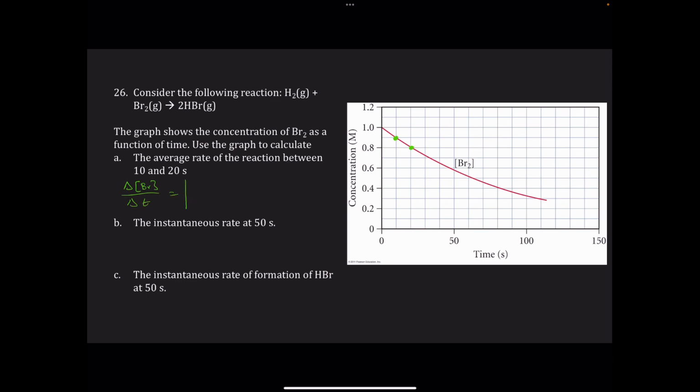That's going to be my final concentration, which is about 0.8 molar, minus my initial, which is at about 0.9 molar. That's divided by my change in time, which was 20 seconds minus 10 seconds. And again, we're taking absolute values. We'll end up with a rate of 0.01 molarity per second in relation to our bromine.